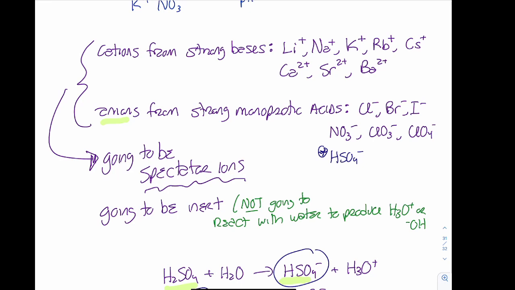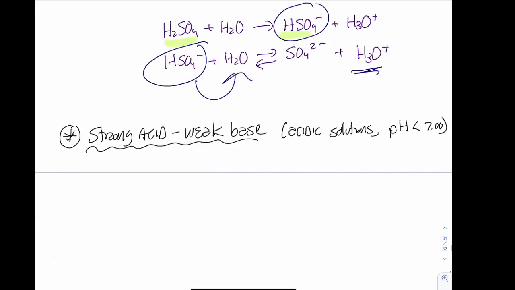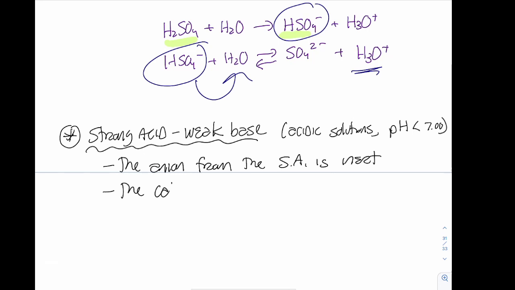However, the cation from my weak base is actually a weak acid and will react with water to produce hydronium ions. So the anion from the strong acid is inert. It's going to be a spectator ion. We're going to cross it out, right? It comes from a strong acid. But the cation from the weak base is acidic.